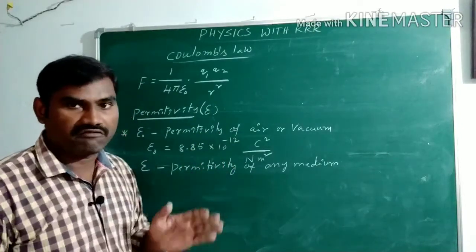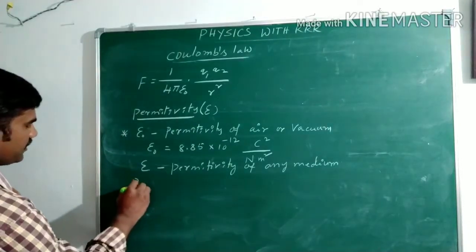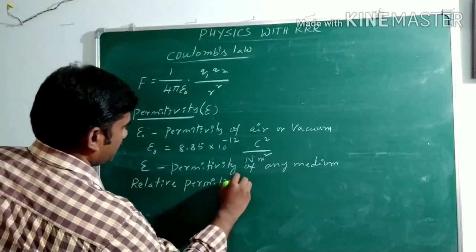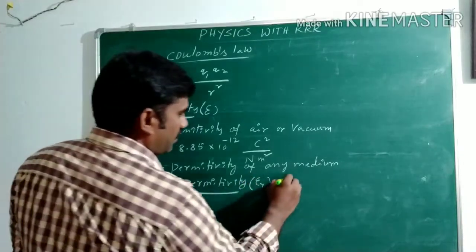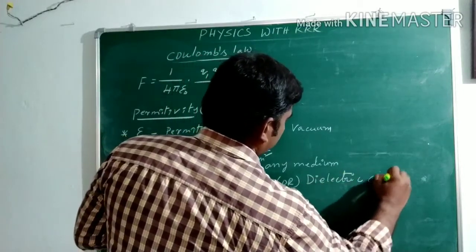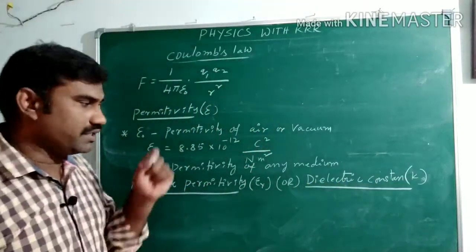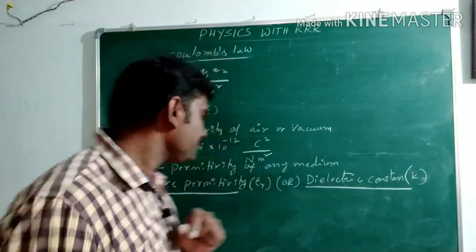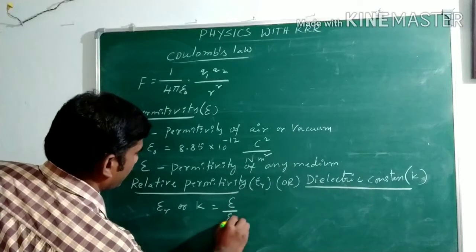Now by knowing the value of permittivity of air or vacuum or any other medium, we can express that value in reference to the standard value. So we call it relative permittivity epsilon r, which is also called dielectric constant, represented by K. So relative permittivity or dielectric constant we represent with the symbol epsilon suffix r or K. Now epsilon r or K is equal to epsilon by epsilon naught.